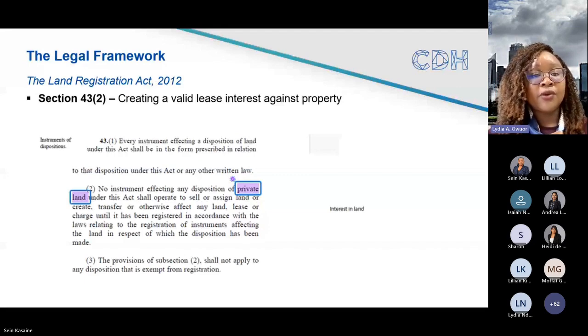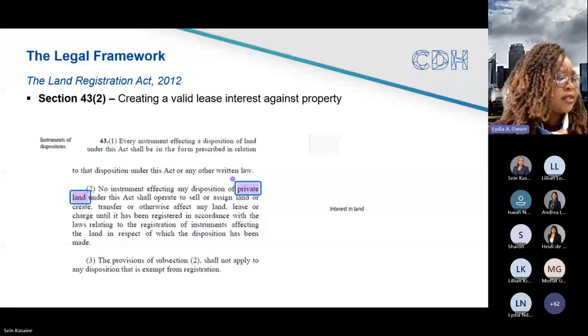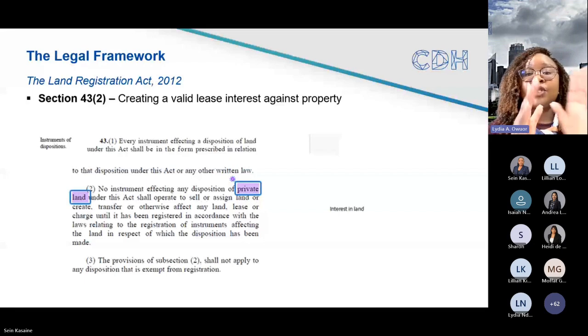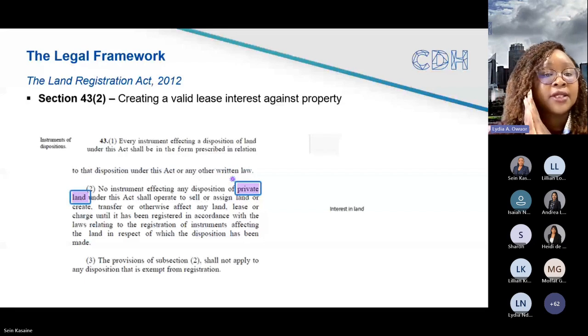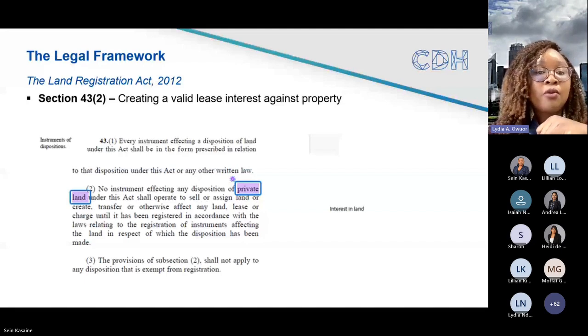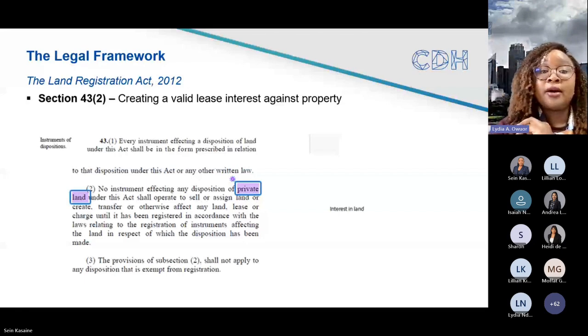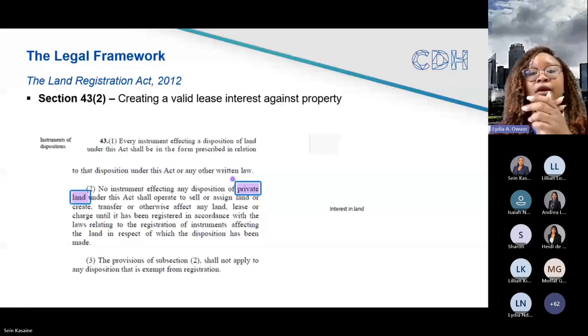Lastly, you can see here we're looking at section 43 of the Land Registration Act. I hope I clarified that section 36.2, the one we just looked at, was under the Land Registration Act. Now we are looking at section 43 of the Land Registration Act. Here again, the bottom line under section 43.2, as you can see, and I was very deliberate with that amendment that you can see, just demonstrating that you always have to check the 2016 amendments.